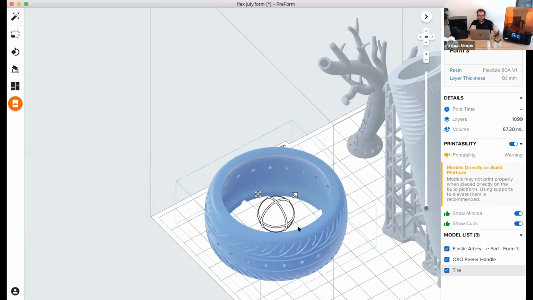I've seen people print huge, full platform, full volume vases with no vent holes or anything. I did this at a trade show once, actually. And it's impressive, because with this technology, now you can easily release those cups. It's not a big deal. The parts are generally strong enough to take it, and the forces are so much reduced over the Form 2. It doesn't cause a problem, doesn't cause blowouts, anything like that.